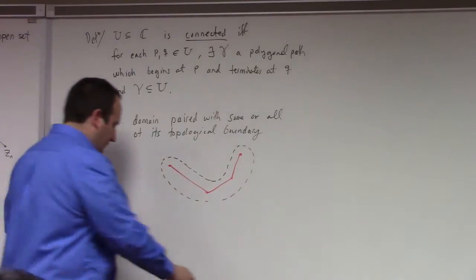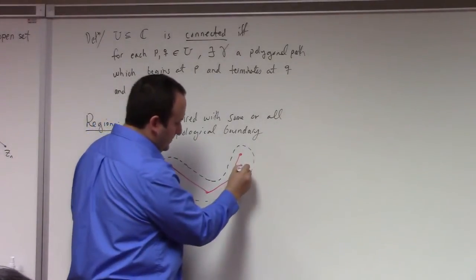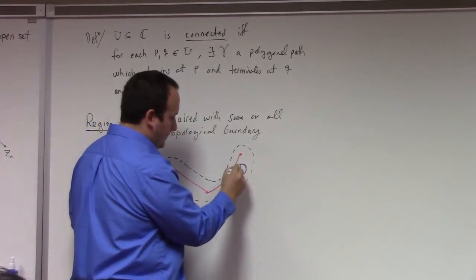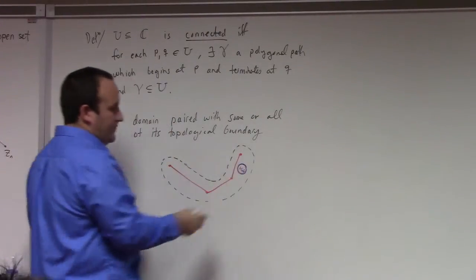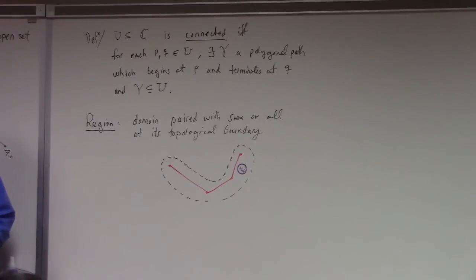But suppose I were to put a hole in it, right? Then I've thrown in some of the boundary, right? So this smiley face or whatever it is, with the hole deleted, it's not open because there's some points which are on the boundary, right? They're not interior points, right?